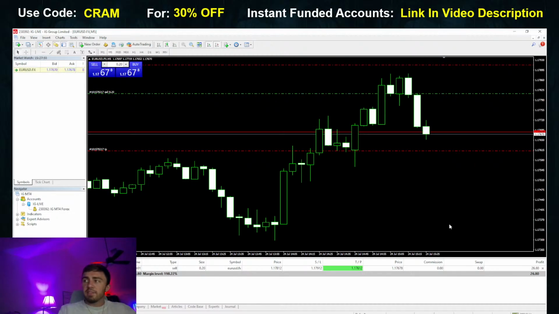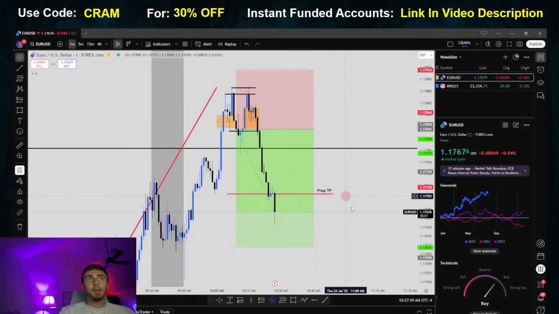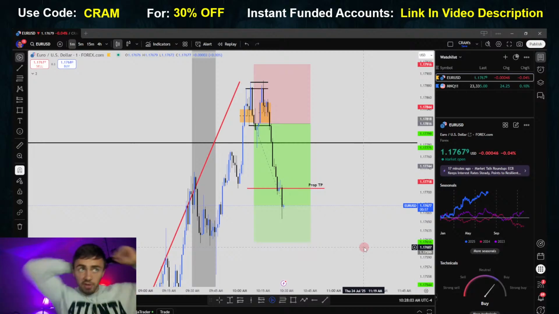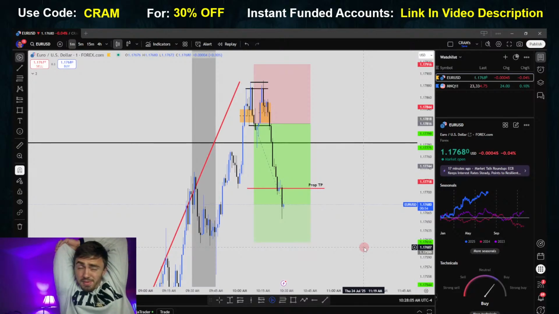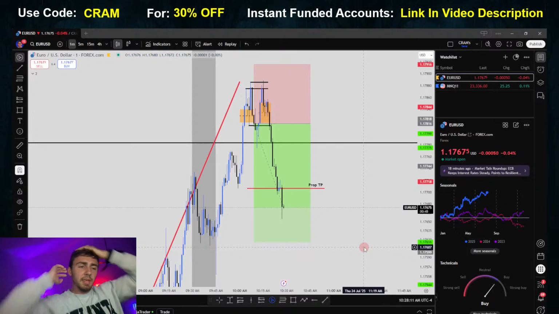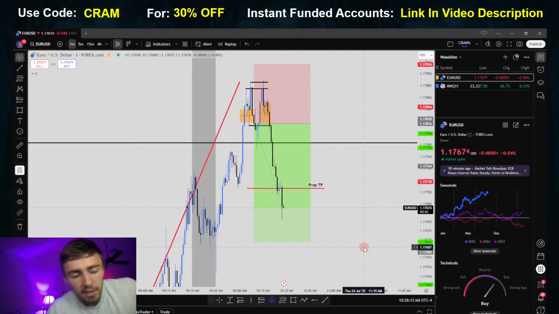It's 6% for the payout, but you have a 3% trailing drawdown. Is 9K 6%? Yeah, 9K is 6% of 150. I had to do the math for a second. So you basically have to double the trailing drawdown. That's why I'm doing 0.5% risk.